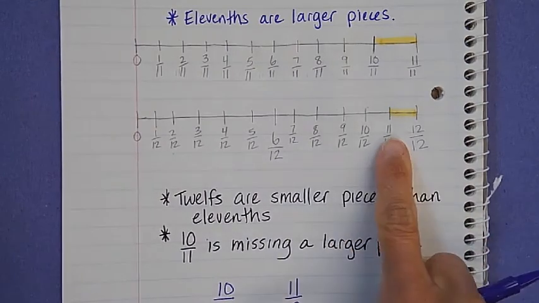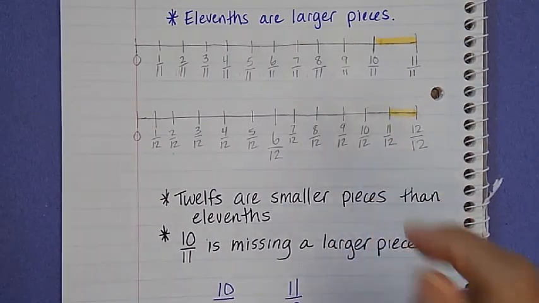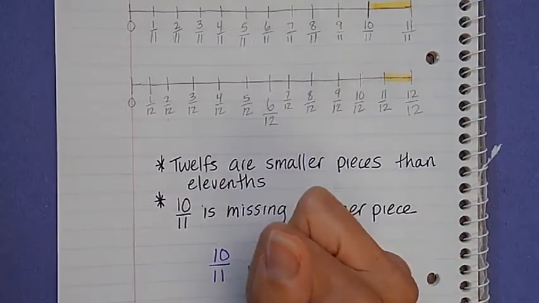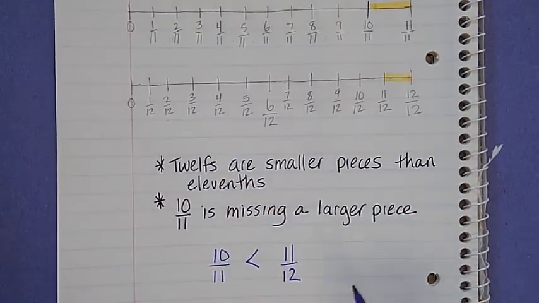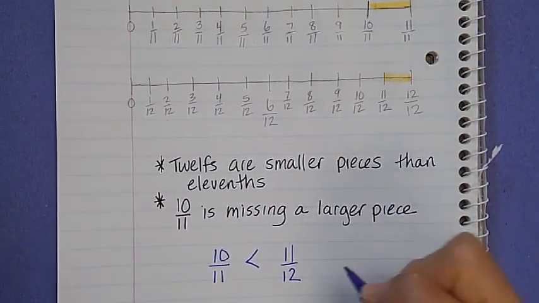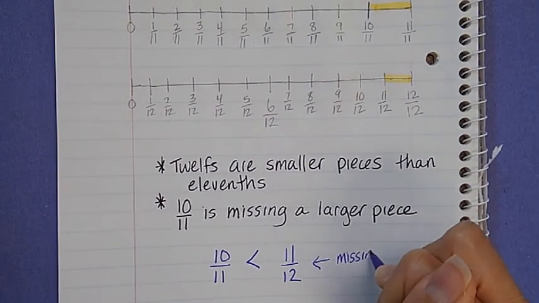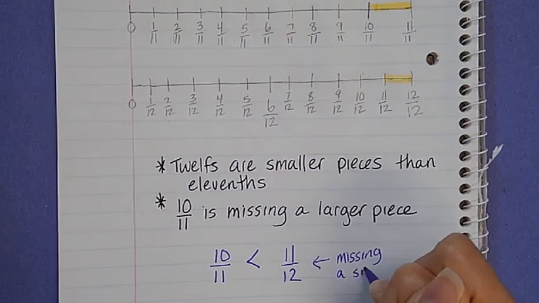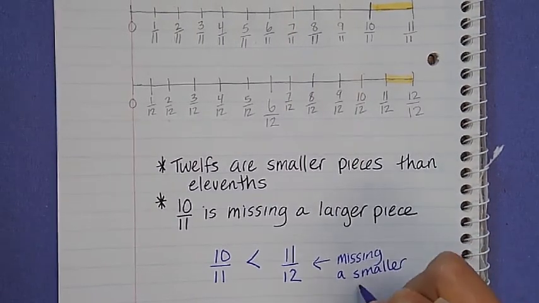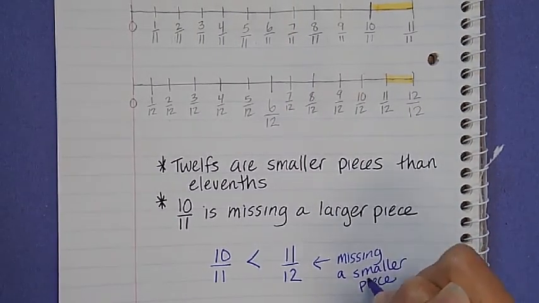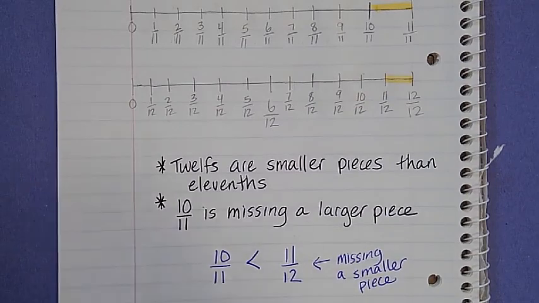And in looking at the fraction bar, 11/12 is larger than 10/11 because it is missing a smaller piece. So 11/12 is missing a smaller piece, which makes it larger than 10/11.